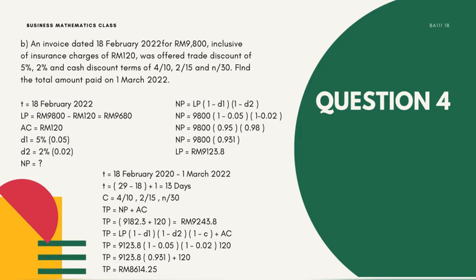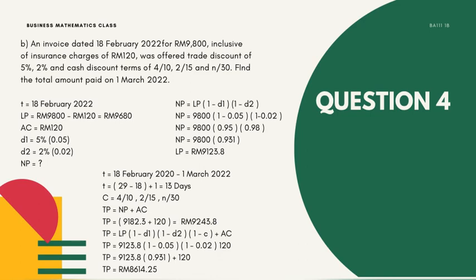So the invoice date is 18 February 2022. The list price will be RM9,800 minus RM120, so it equals RM9,618 (as stated). The additional charge AC is RM120, D1 is 5%, D2 is 2%, and NP we don't know. So we have to find the NP first.